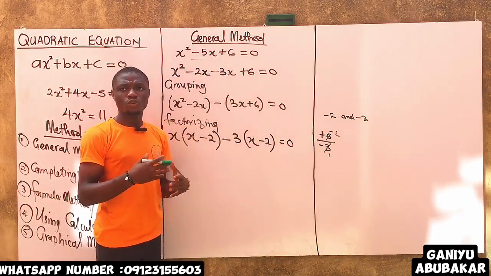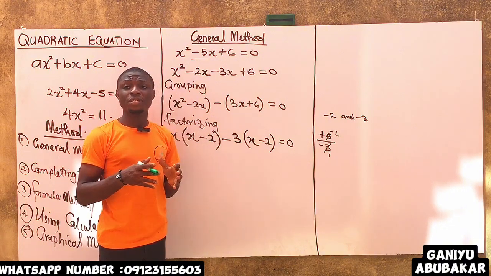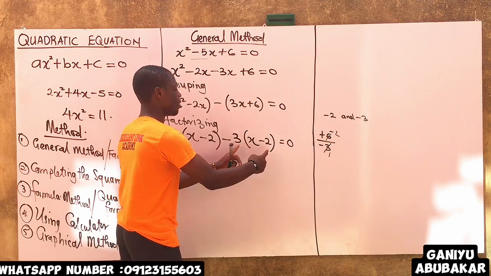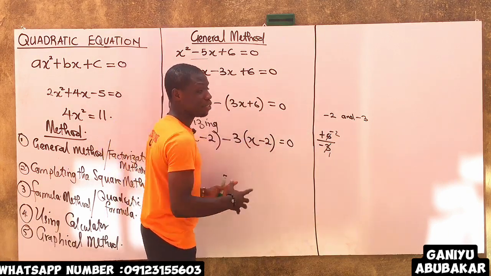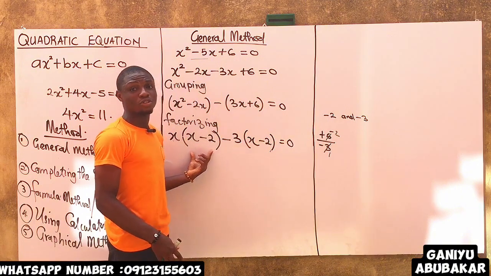At this point, note something while solving a quadratic equation using factorization method. Whenever you have the same term in the brackets, it means that you are correct. When the values in the brackets are not the same, you are wrong.